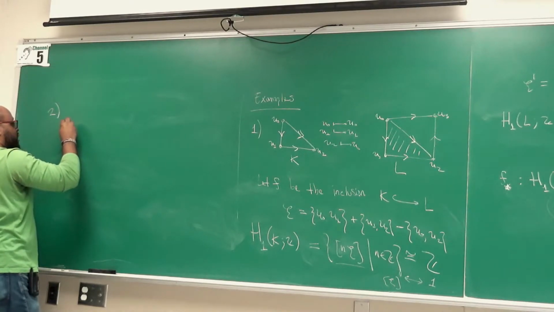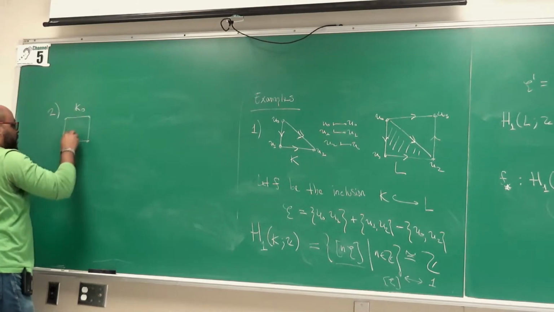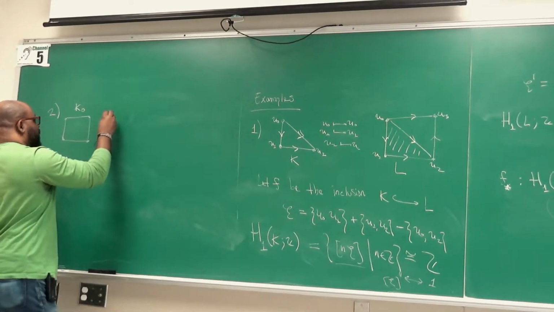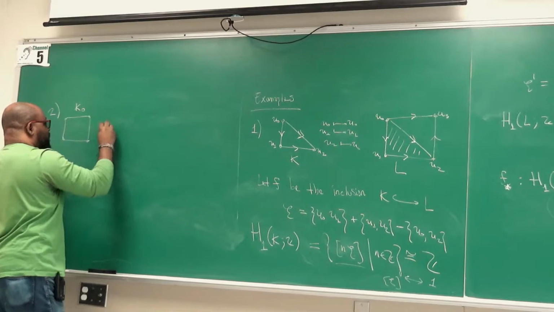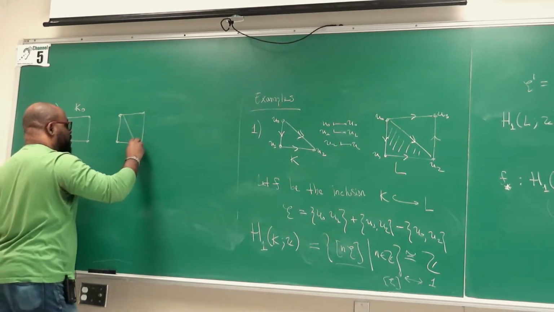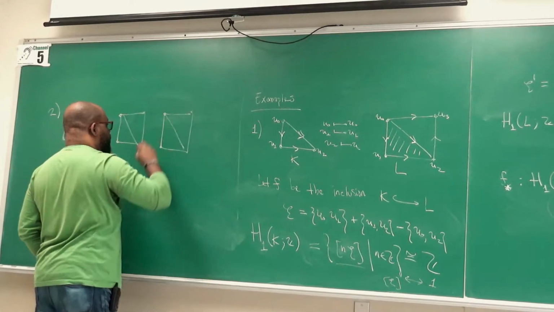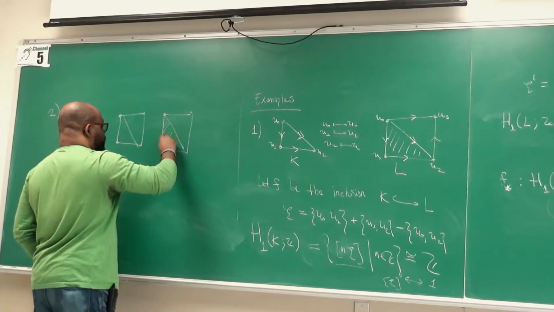We're going to take K0 to be the square. And I'm going to take K1 to be this guy. K2 is going to be this guy with this filled in.